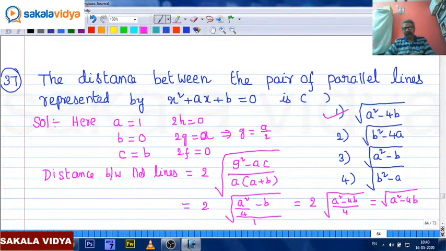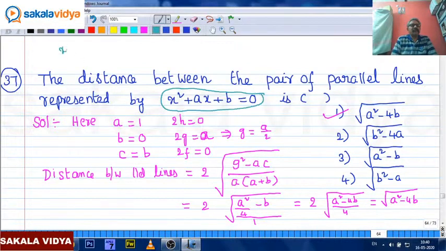Even this problem can be done using quadratic equation concept also. Because for example say these two roots are x1 comma x2. Because this represents a parabola. It cuts like this at 2 different points. So we need to find out the distance between, actually represents a pair of lines, means like this. This is the distance.